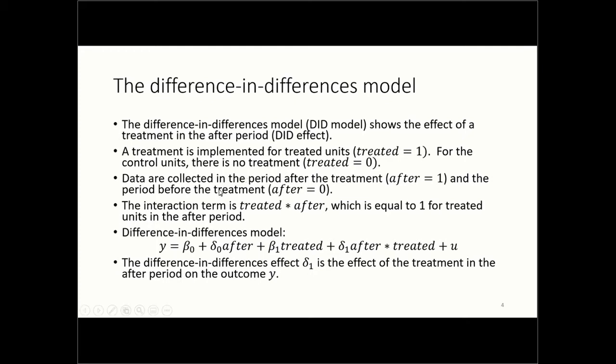So a difference in differences model would be the dependent variable regressed on the indicator variable for after, then the indicator variable for treated, and then the after times treated as an interaction variable. This setup is very important: we have the before and after, treated versus control, and then the interaction between the two.